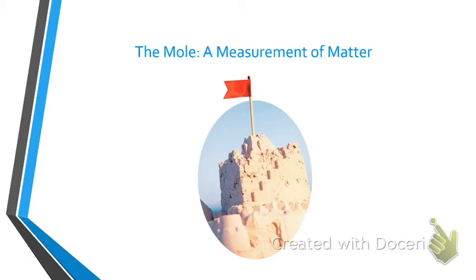Imagine you built this sand castle for a contest on the beach, and one of the requirements was you had to report out how many grains of sand were in your sandcastle.